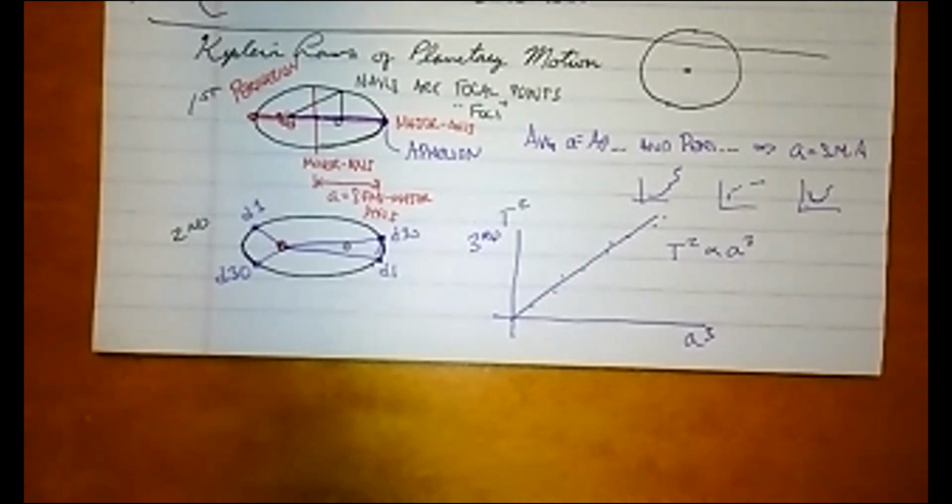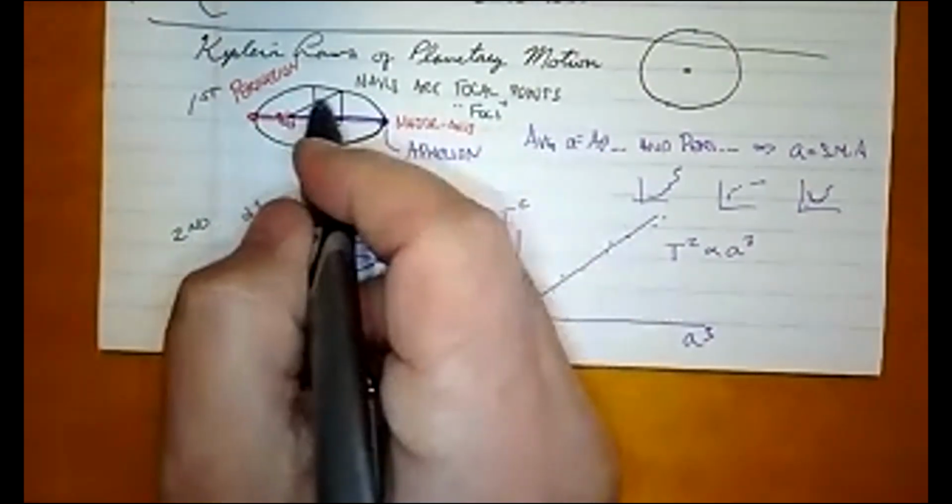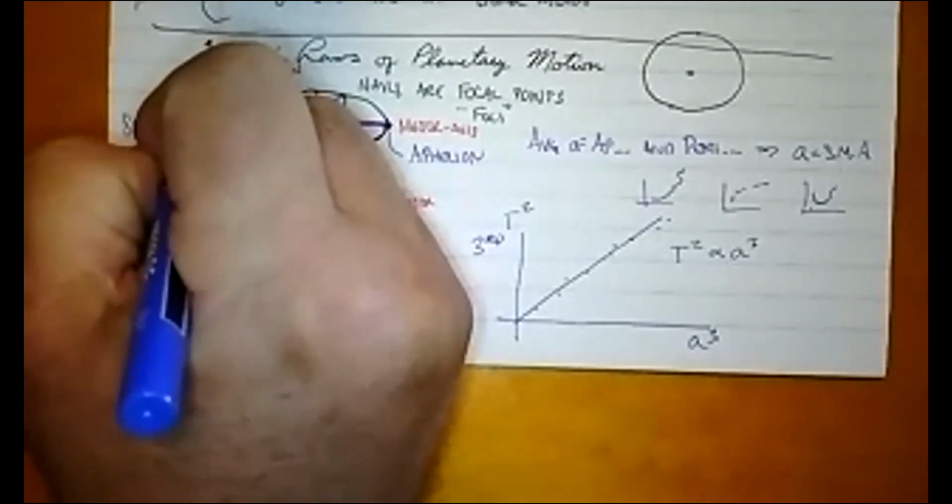It's pretty amazing. Now, Newton comes along, having invented or discovered a formula for gravity. Newton first off shows that there are only 2 types of forces that can make stable orbits. This is Newton now.